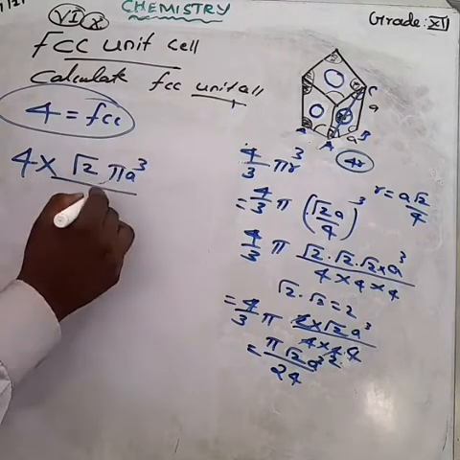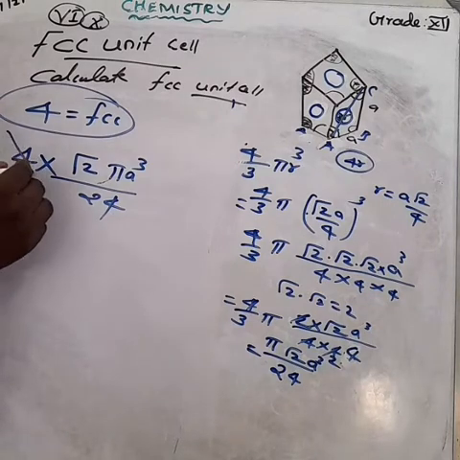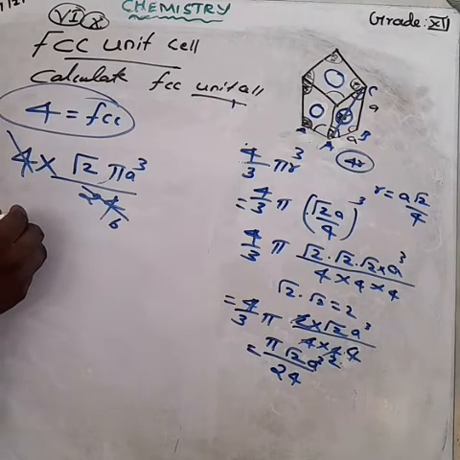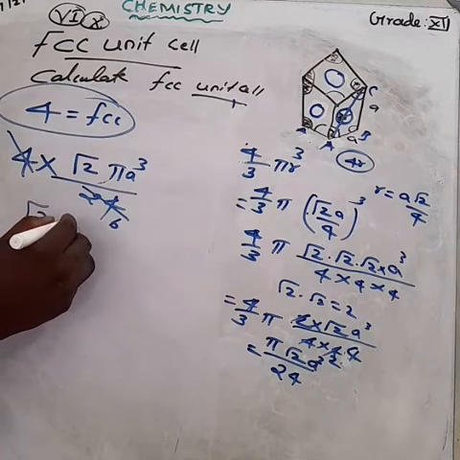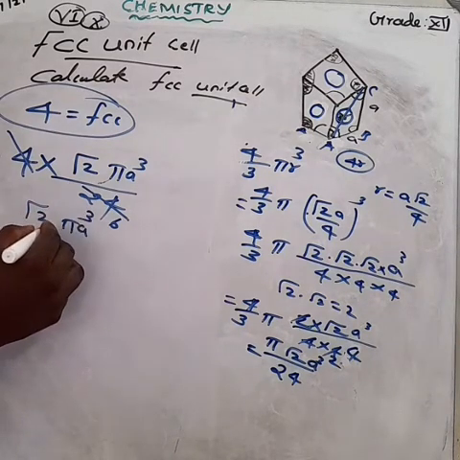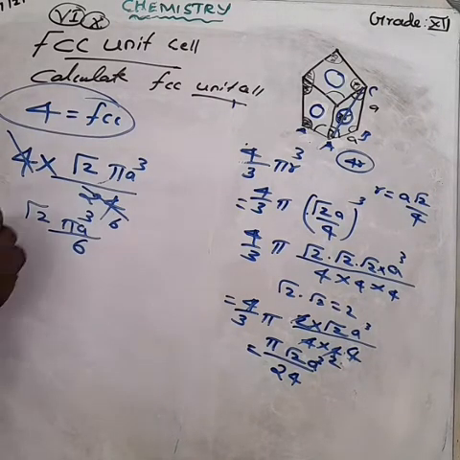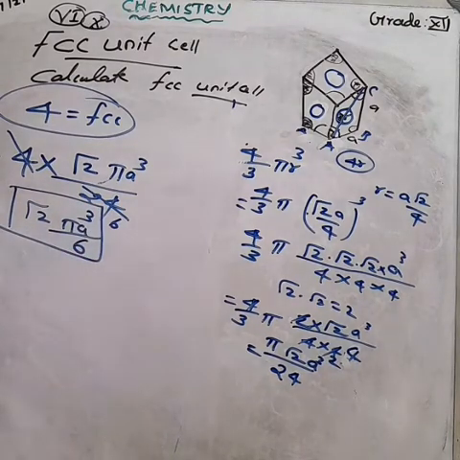Again we can cancel: 24 and 4 cancel, and we write 6. So the answer is root 2 pi a cube divided by 6. This is the volume of all spheres in an FCC unit cell.